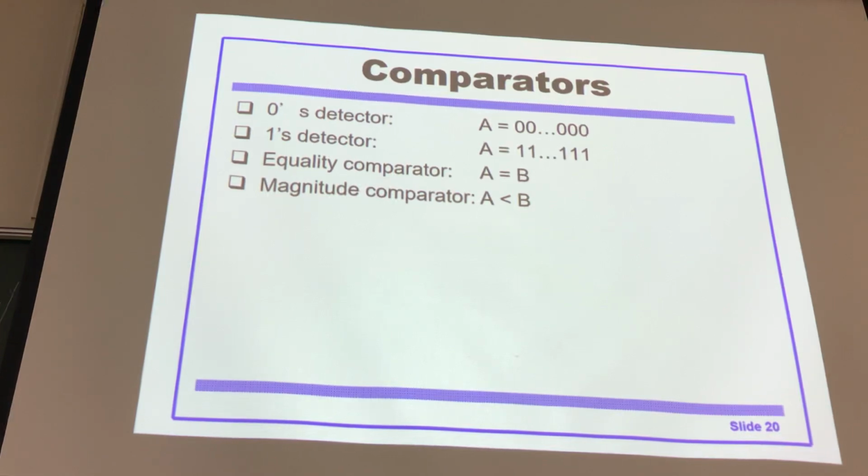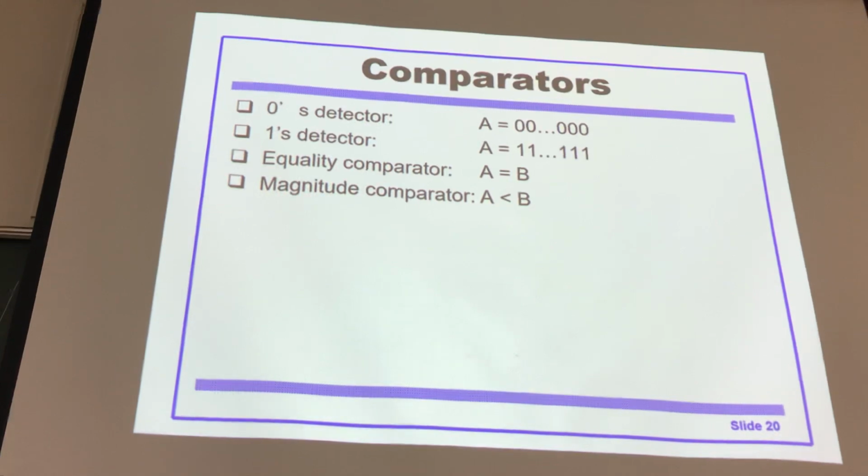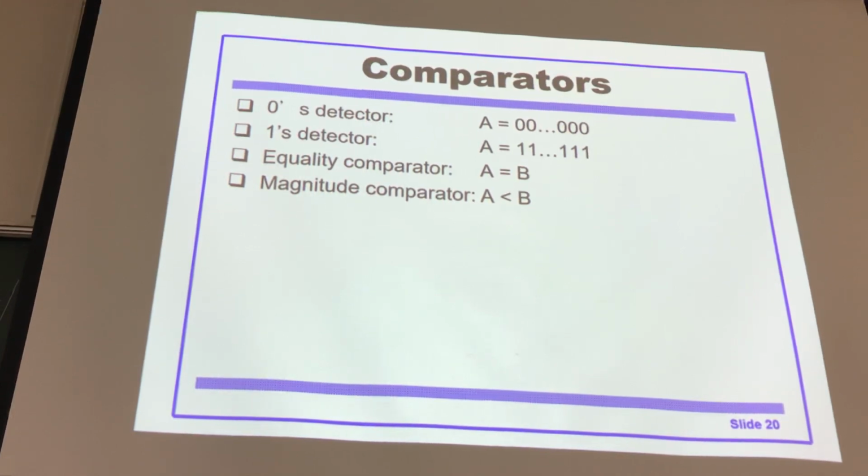Next, adder is done. Now we are designing comparator. Comparator is much simpler. We're comparing 2 numbers. So, for example, 0 detector: if each and every bit is 0, you get 1.